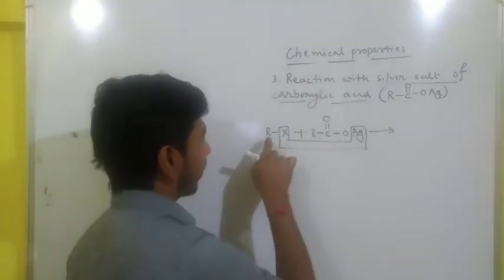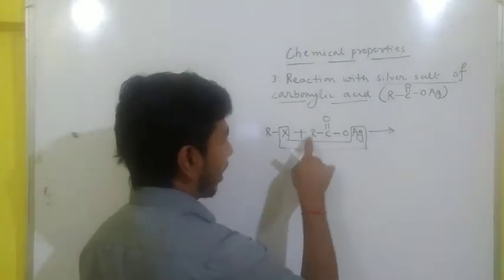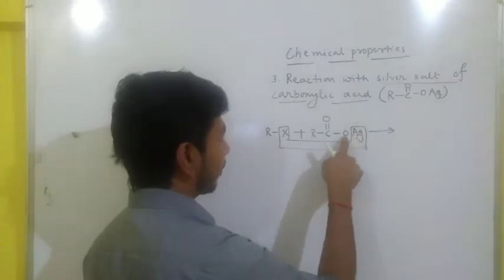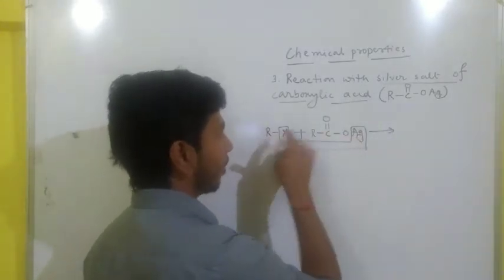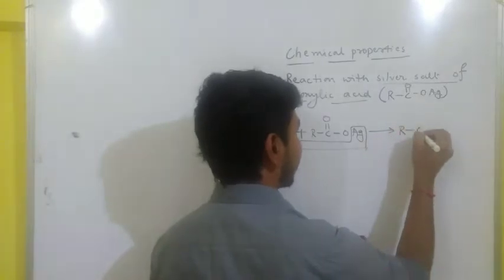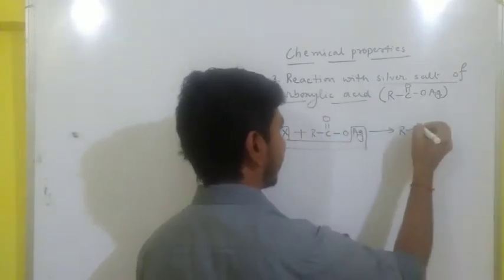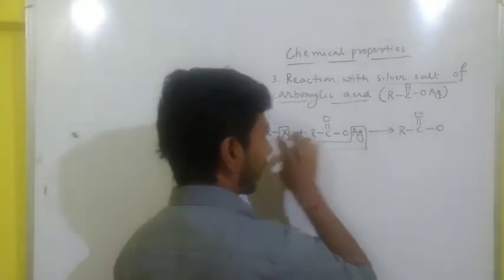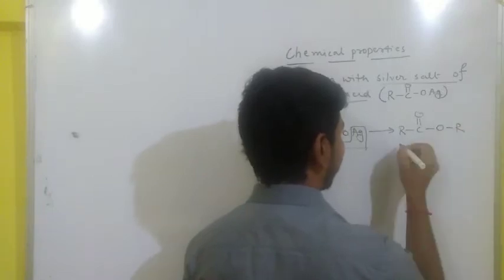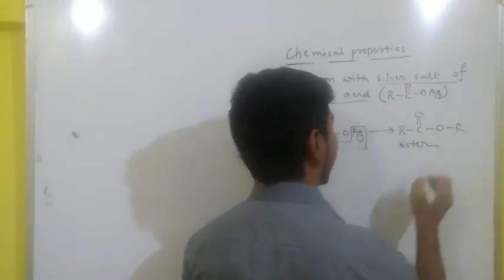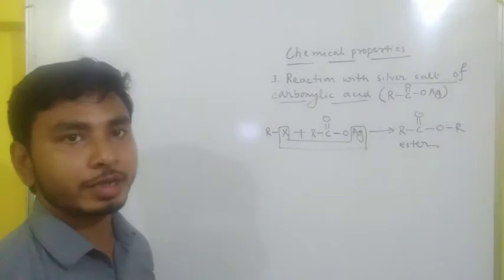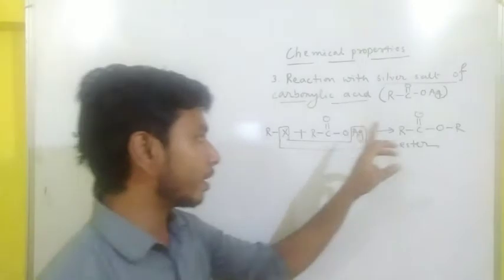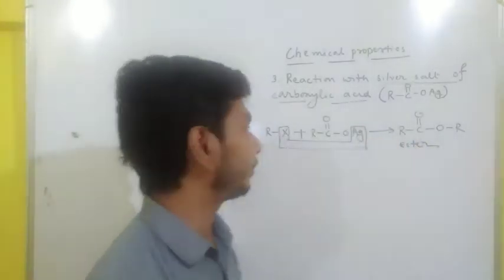So now the product is RCOO, and now this silver is removed, so this oxygen will be bonded with the alkyl group. So it is R, C double bond O, single bond O, and now this oxygen is bonded with the alkyl group R. So this is called ester. So alkyl halide on treatment with the silver salt of carboxylic acid, we get ester.